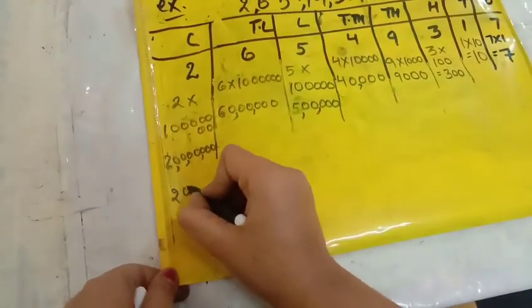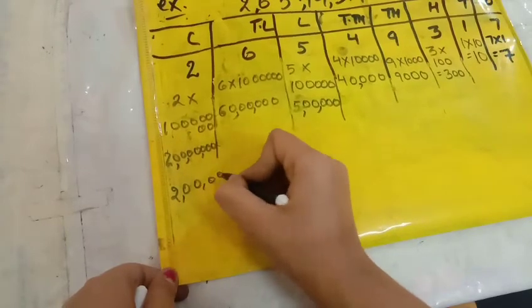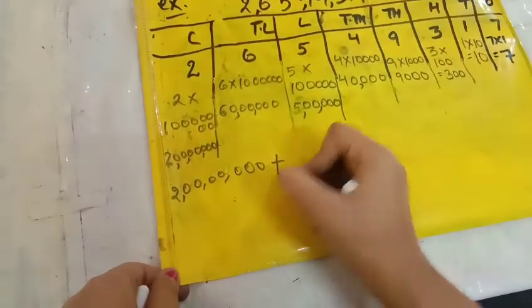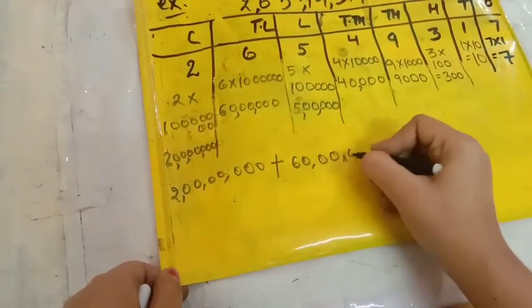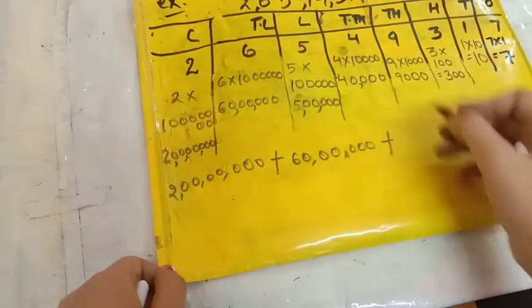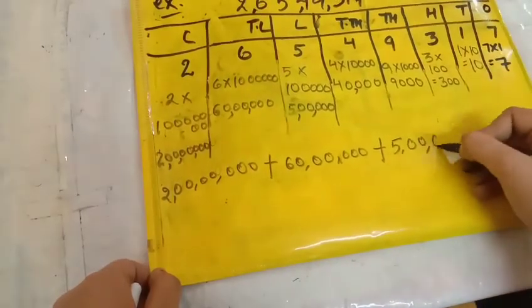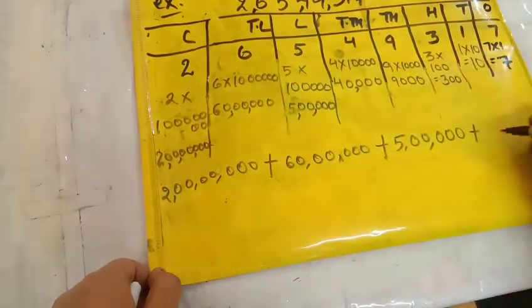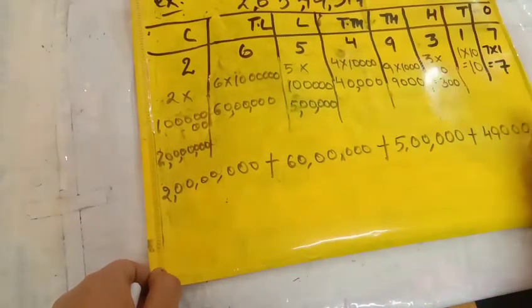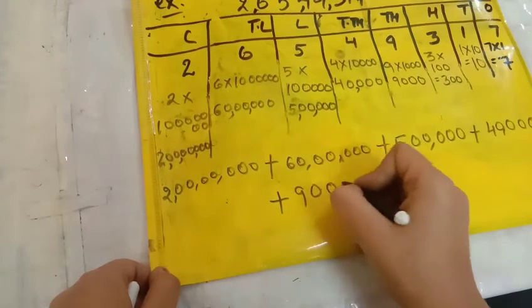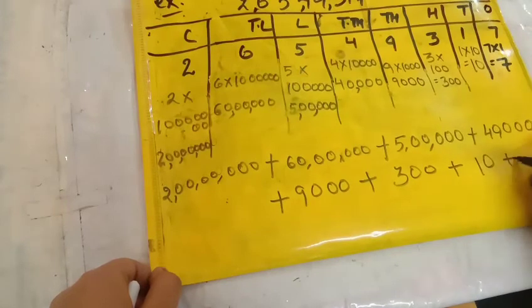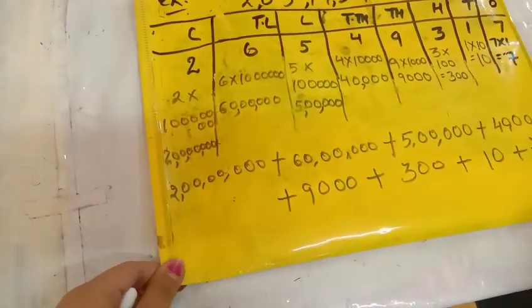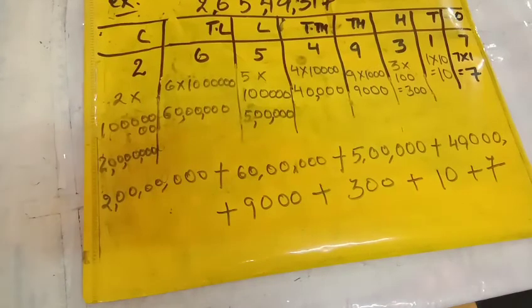First of all, 2 crore plus 60 lakh plus 5 lakh plus 40,000 plus 9,000 plus 300 plus 10 plus 7. So this is the expanded form of the number.